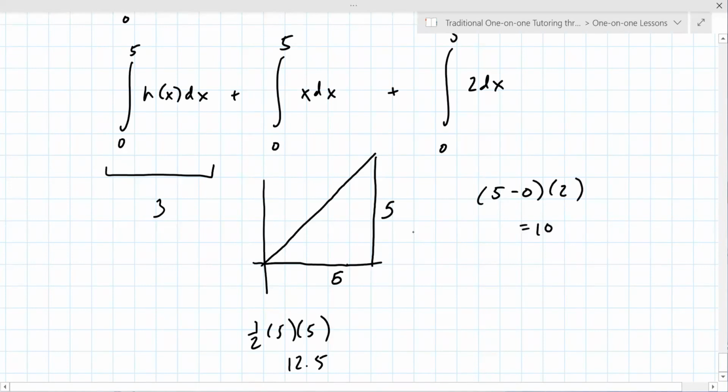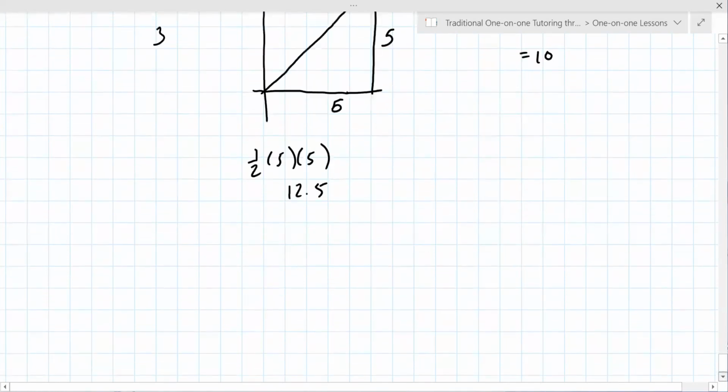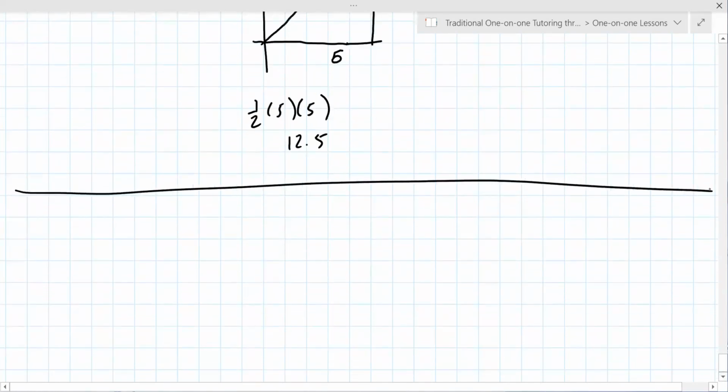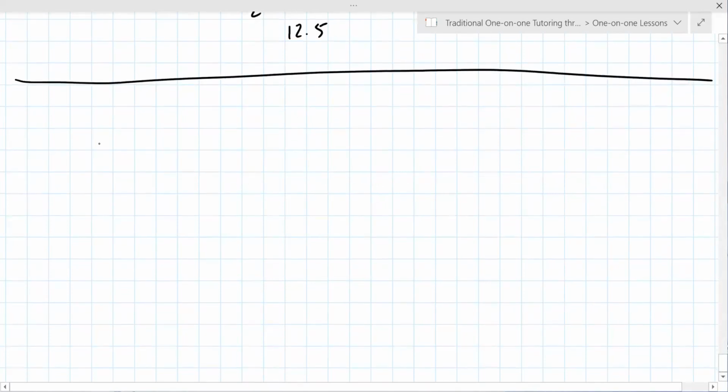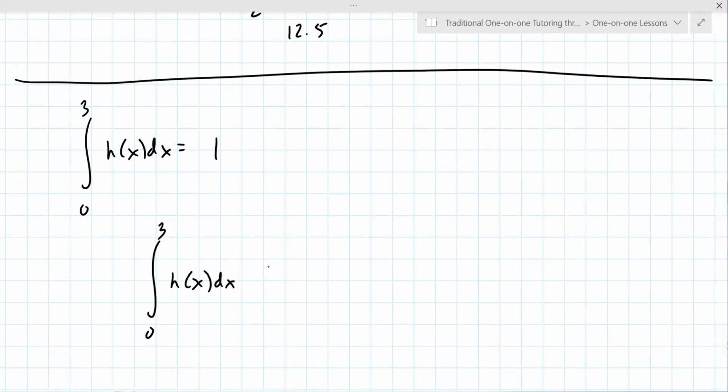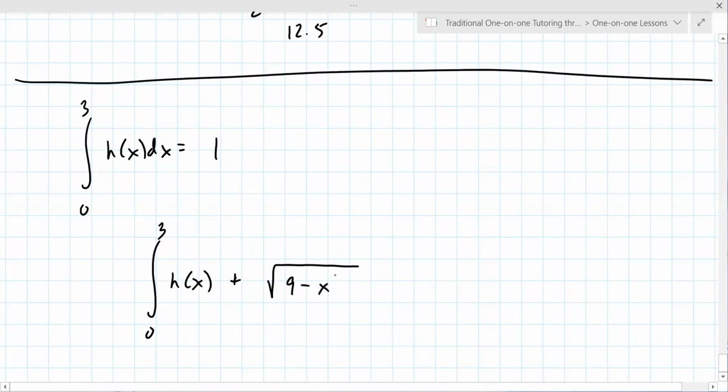Yeah. So do you recall that there was one other function that we did yesterday, the circle one? The semicircle, yeah. So that could be incorporated here. Like they could tell you the integral from 0 to 3 of h of x dx equals 1, and they could ask you the integral from 0 to 3 of h of x plus the square root of 9 minus x squared.